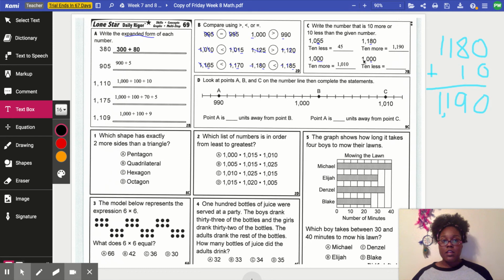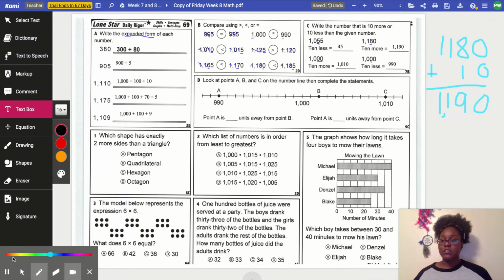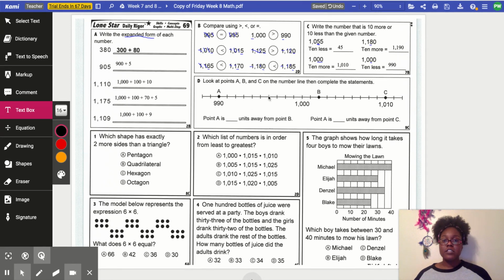So if I'm at 1,000, 10 less than that is going to be 990, because if I add 10 more, I'm at 1,000. That one was kind of tricky. It gets a lot of people on that one that goes up to 1,000. All right, letter D.